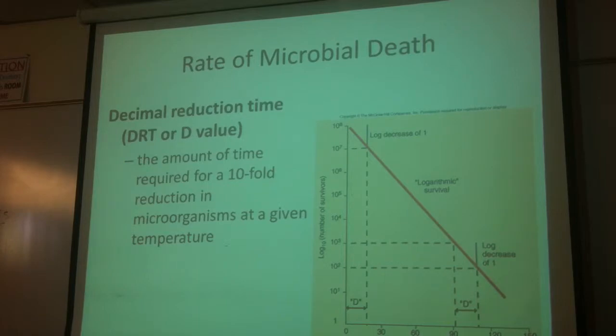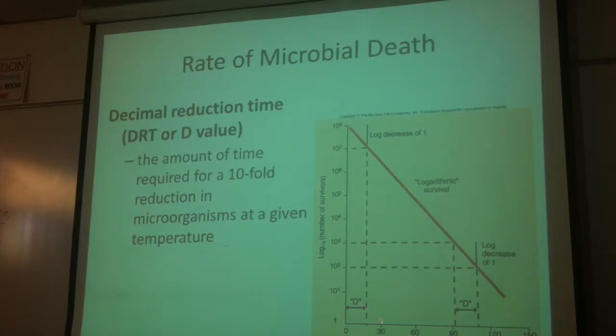But you can set up DRT or the D-value per microorganism. If you want to know, if I have E. coli and I put it at this temperature, how long will it take to die? You guys in a way did this with your stuff yesterday.